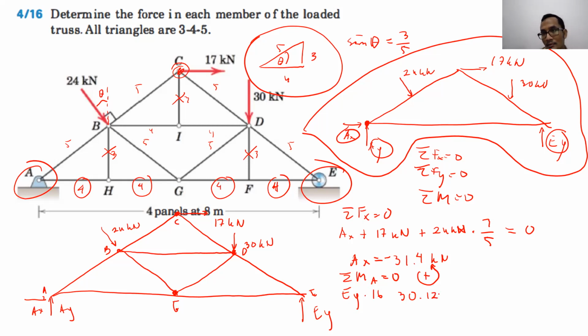Just now we made counterclockwise positive, so 30 multiplied by 12, will it be counterclockwise or clockwise? It will be clockwise. So it's supposed to be minus. Correct. What else do we have there? How about 17? Yes, we have 17 as well. What is the moment arm there? 17 times 8. Are you sure? For 17, the moment arm is supposed to be this, right?